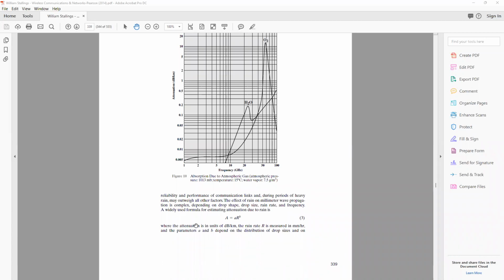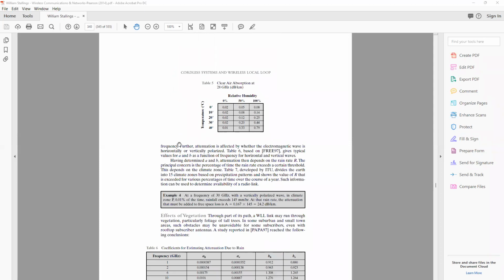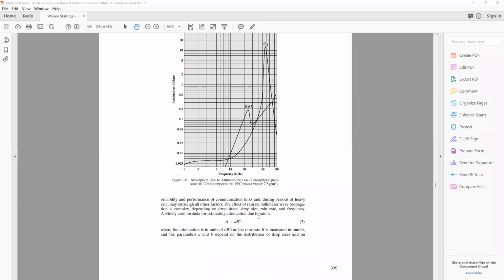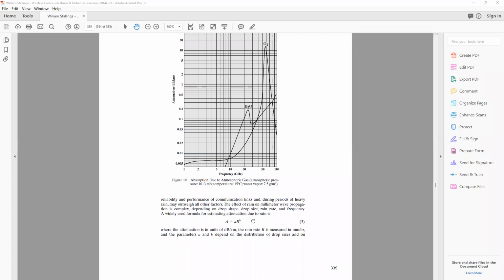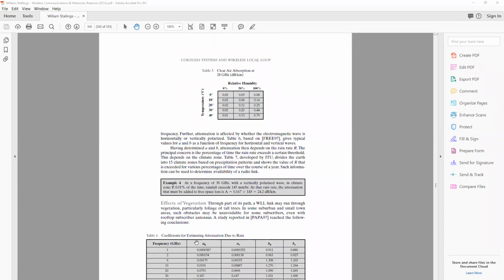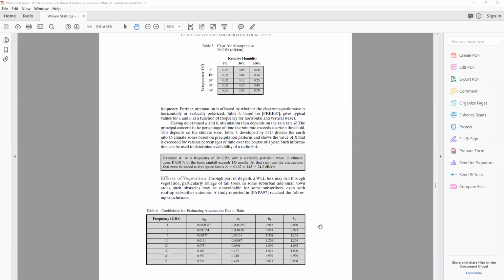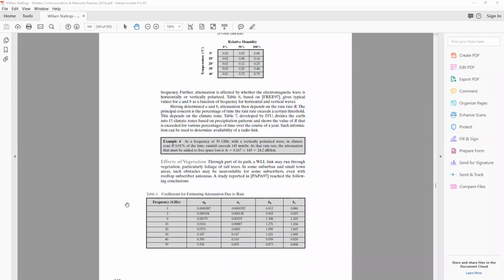The attenuation is given by A times R to the power of B, where A and B depend on the distribution of the drop sizes and on the frequency, and R is the rain rate. For this problem, we'll be using this table.